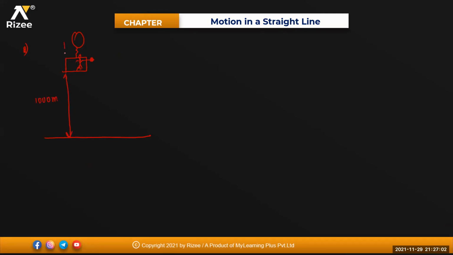And this balloon is moving up with a velocity of 10 meter per second. And he releases a stone. So this stone also goes in the upward direction, makes a U-turn and reaches the ground. My question is the time taken to reach the ground.